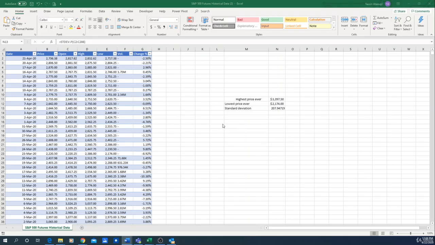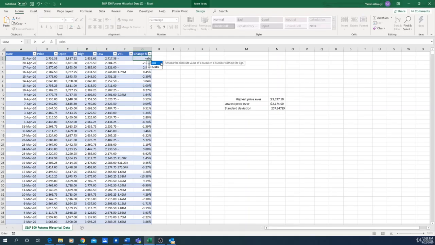All right, the next question we'll ask ourselves is what's the highest price movement? This time we'll use the change. So what was the highest price movement ever? How do we calculate it? It's very simple. The first thing we have to do is calculate the absolute value of this value. Why do we calculate the absolute value?